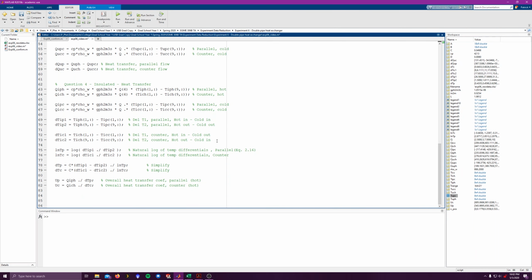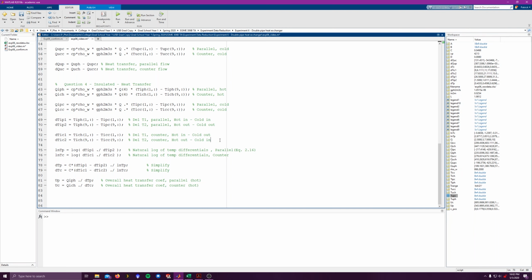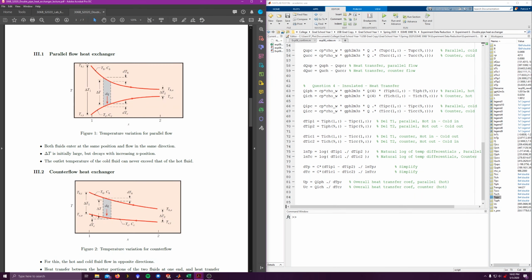In this code here, this is del T1 and del T2. I'm looking at the temperature differential that we have at our stations. For parallel flow, delta T1 is hot in minus cold in, and delta T2 is hot out minus cold out.